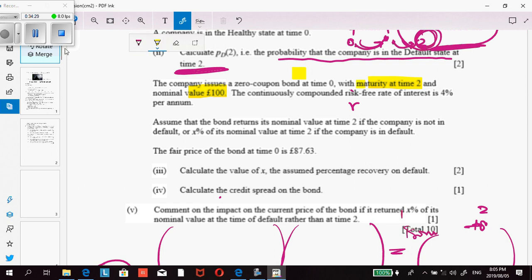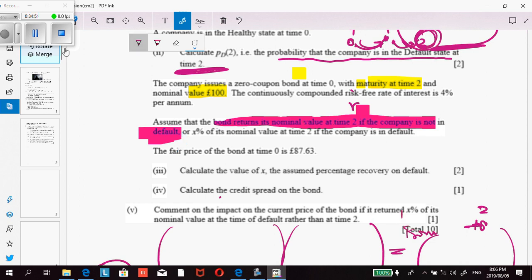Now, which is a payoff. Let me use a different highlighter. Now they're saying assume that the bond returns its nominal value at time 2 if the company is not in default, or it returns X percent of its nominal value at time 2 if the company is in default.